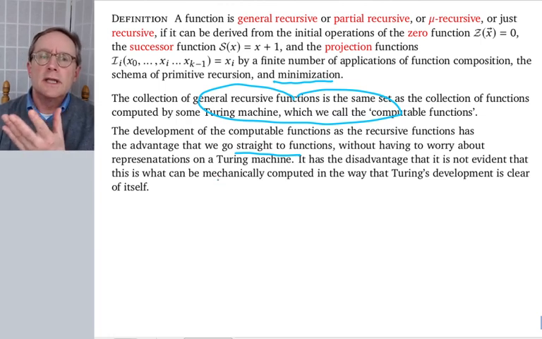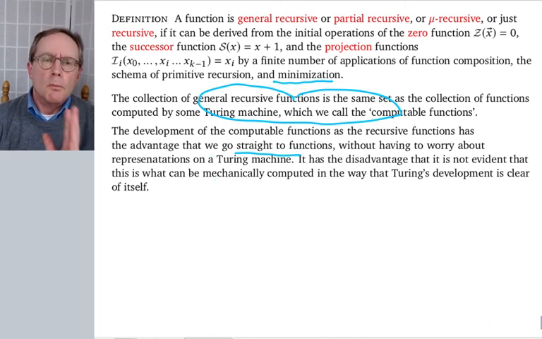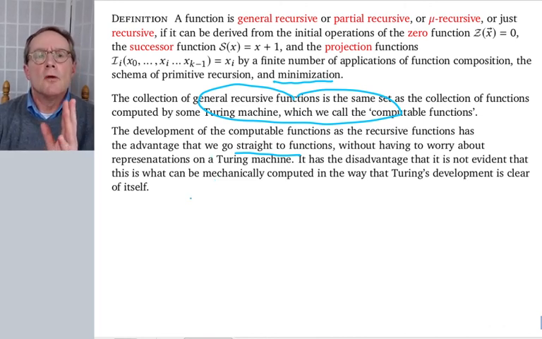So I can see that all of these are computable, but it's not clear to me that if it's computable, it's one of these. So Turing machines have the advantage of making clear that this is what you can do with a device, but the disadvantage of this ugly representation stuff.